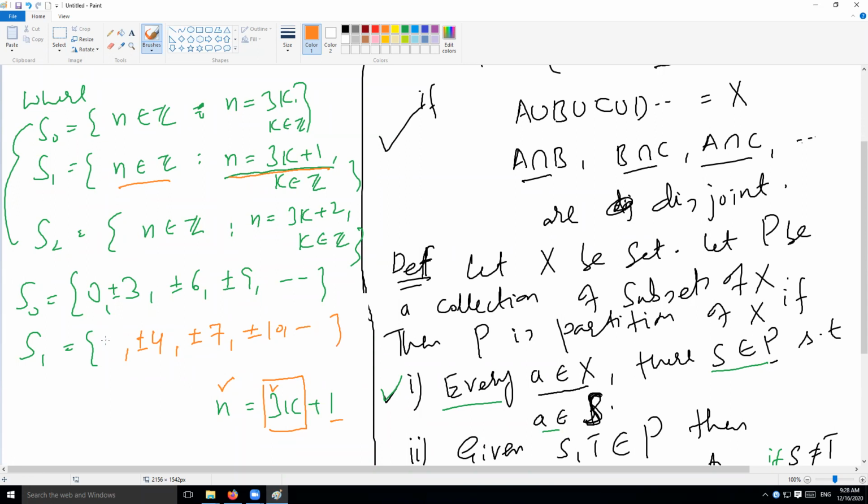But here's the interesting thing: 1 is also going to come in this set.